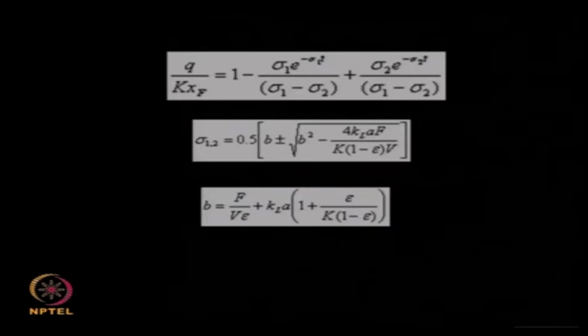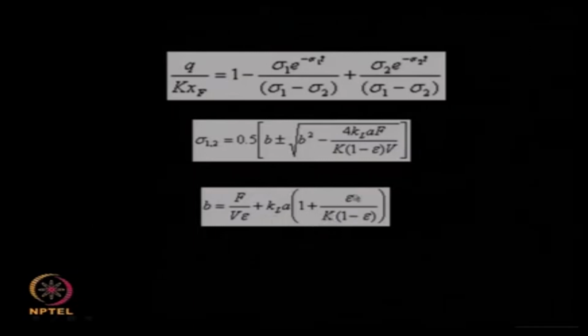So this particular mathematical relation tells you how the concentration of the solute in the adsorbent will vary as a function of time, and there are many parameters that are coming in here, like the flow rate of your feed solution, the volume of your tank, the voidage epsilon, KL the mass transfer coefficient, A the interfacial area, K the linear adsorption isotherm equilibrium constant.